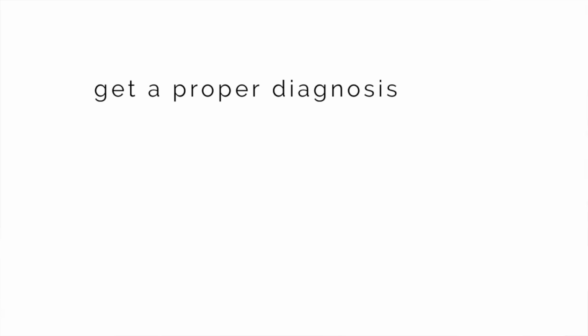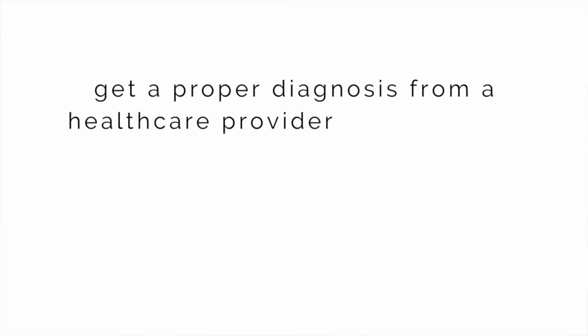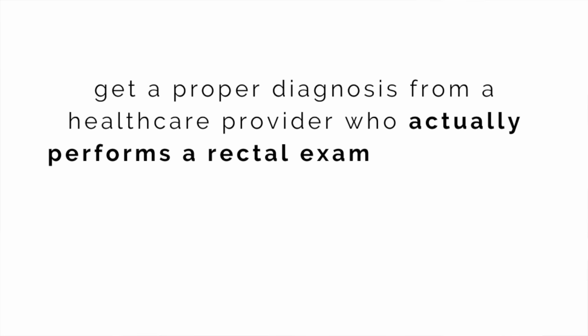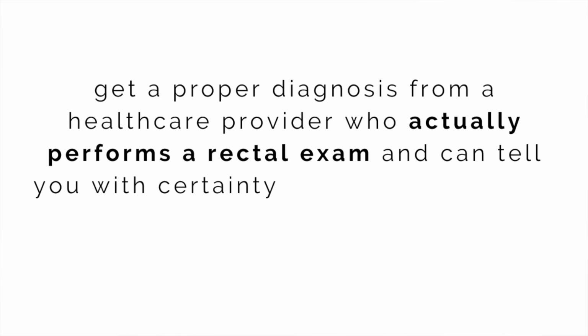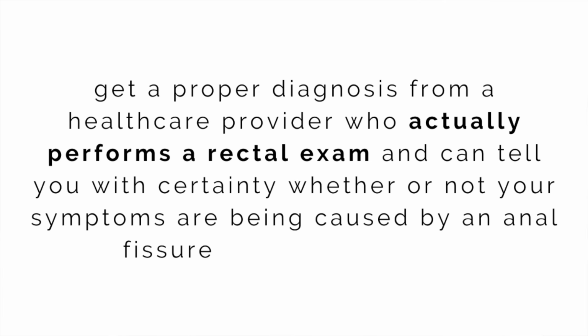However, before we review those two topics, it is incredibly important to me that I firmly state that it is super important to get a proper diagnosis from a healthcare provider who actually performs a rectal exam and can tell you with certainty whether or not your symptoms are being caused by an anal fissure or something else.